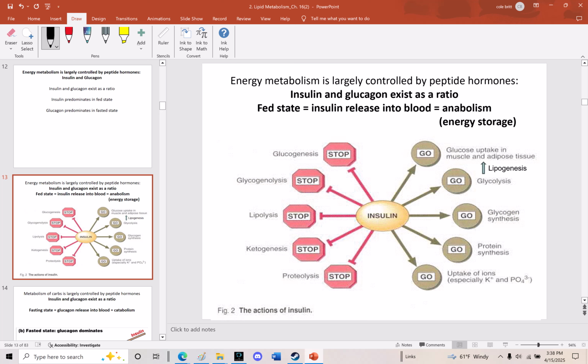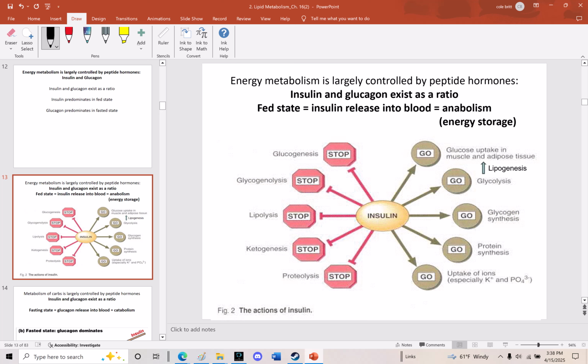And that's why I have this slide here. Glucagon in the fasted state is going to dominate. It's a bigger term here, whereas insulin in the fasted state still exists, but it's just not going to be a lot. So glucagon is going to be the main driver in the fasted state, and this is what is going to turn on, as well as lipolysis.